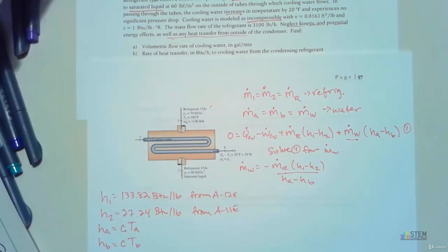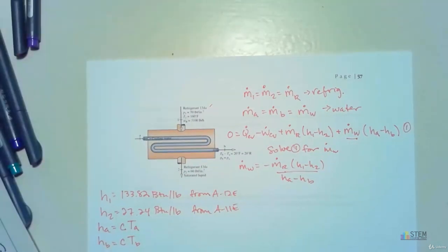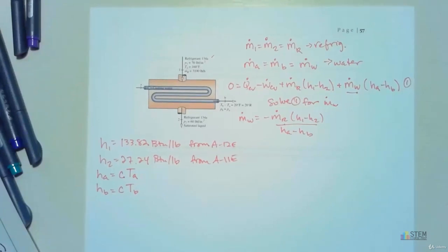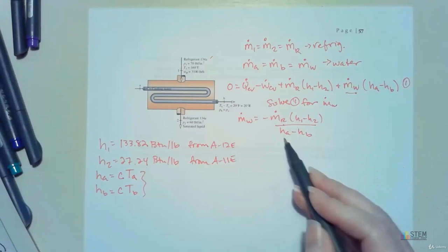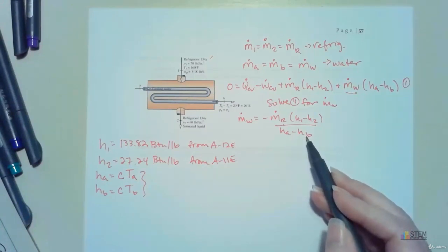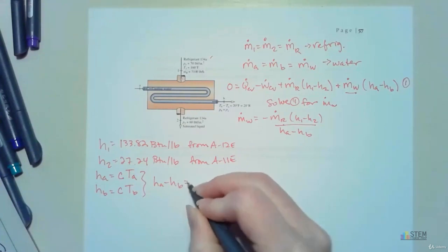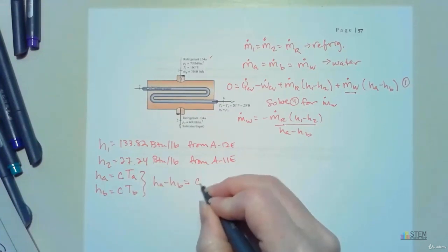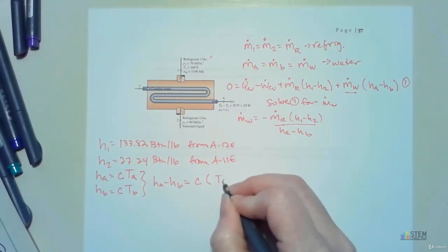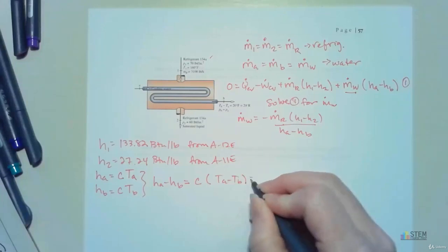Now we have that we can use. And in our equation, we want to find HA minus HB. Let's write it out here. We can pull C out because that's the same. We'll have C times TA minus TB.